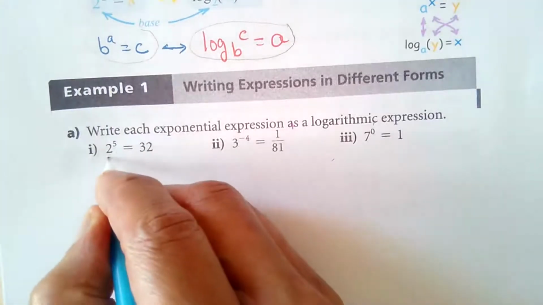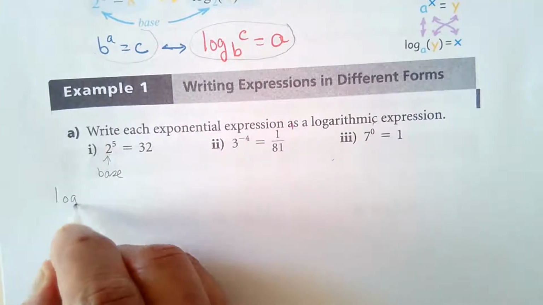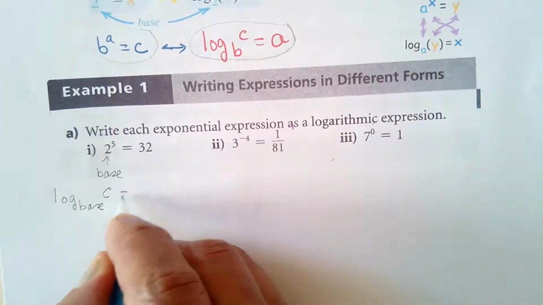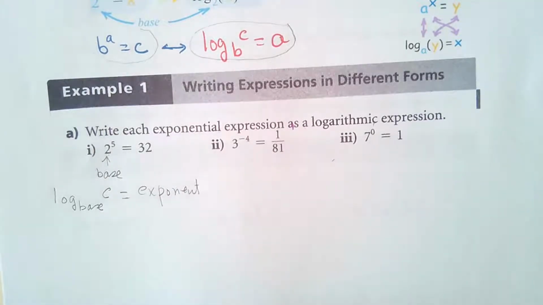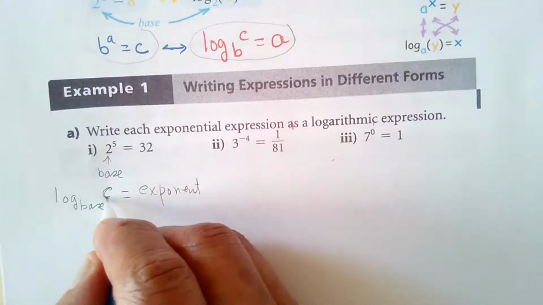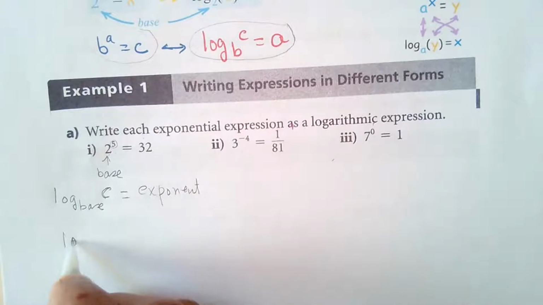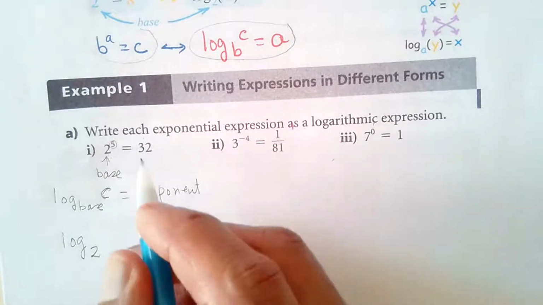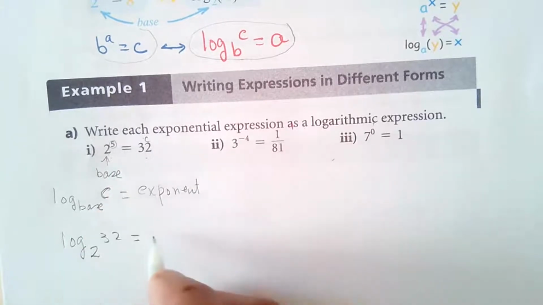So this is our base, and c is equal to the exponent. So if you were to rewrite that, this is our base, this is our exponent, this is our c. So we say log, our base is 2, this is our c, is equal to our exponent of 5.